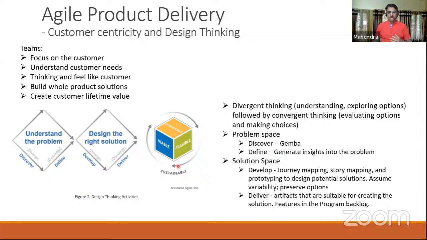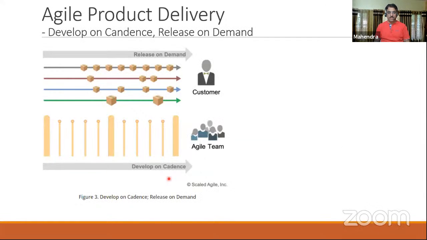There should be a need for it in the market. It should be desirable and feasible, and moreover sustainable as well. Those are the solutions the teams build on, and they translate into the epics and features which get into the program backlog. That is what this dimension is about with respect to customer centricity and design thinking.